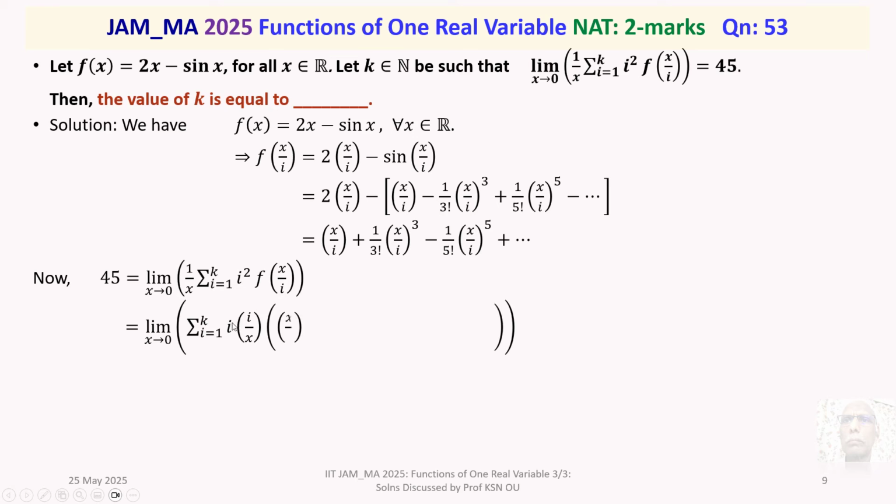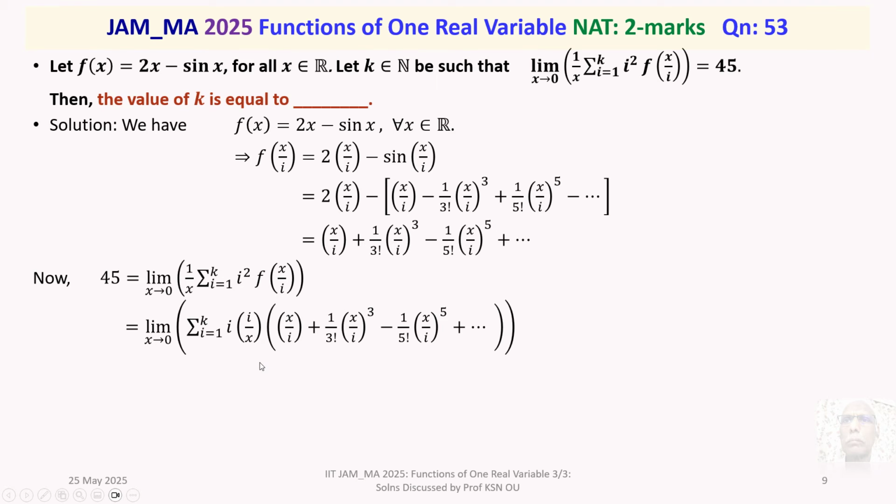So we have written sigma i equal to 1 to k i into i by x into that f of x by i we have written here, and limit x tends to 0. Agreed. Now i by x multiply here and inside x by i's are there.